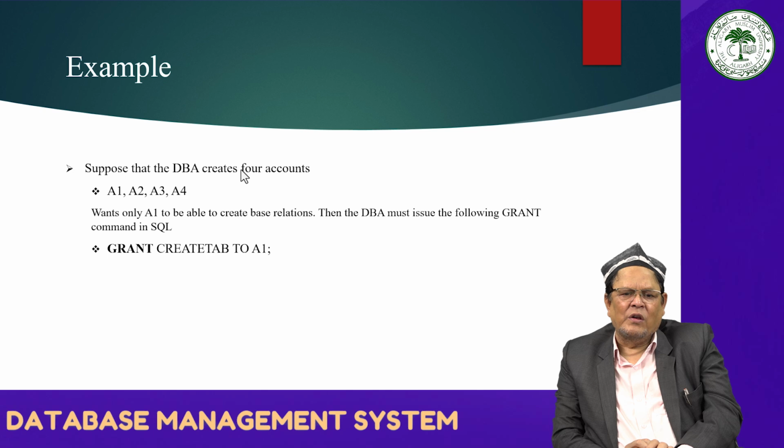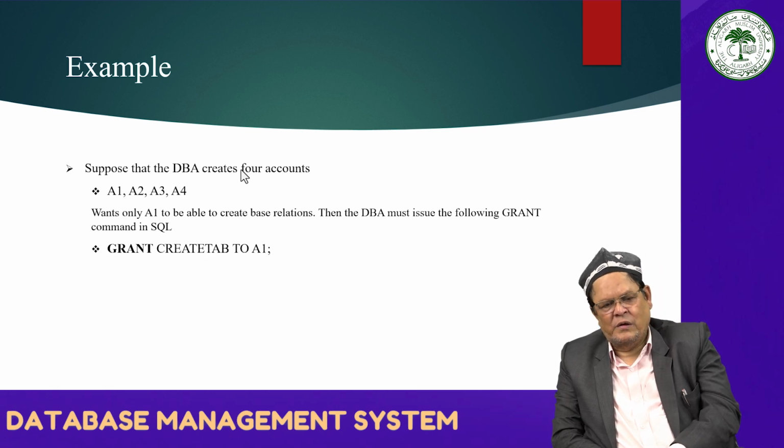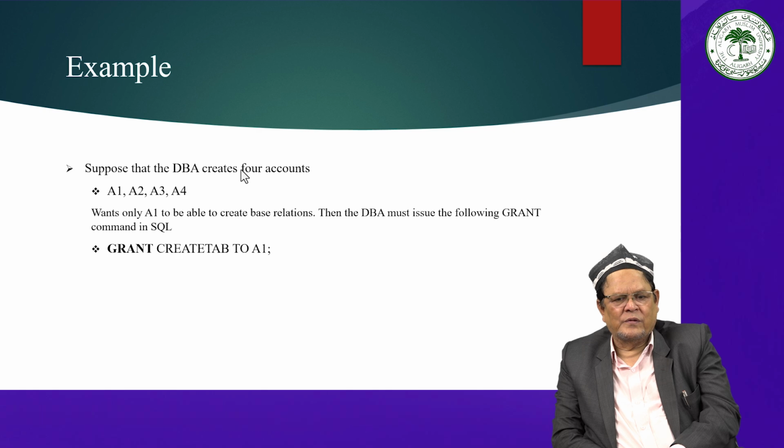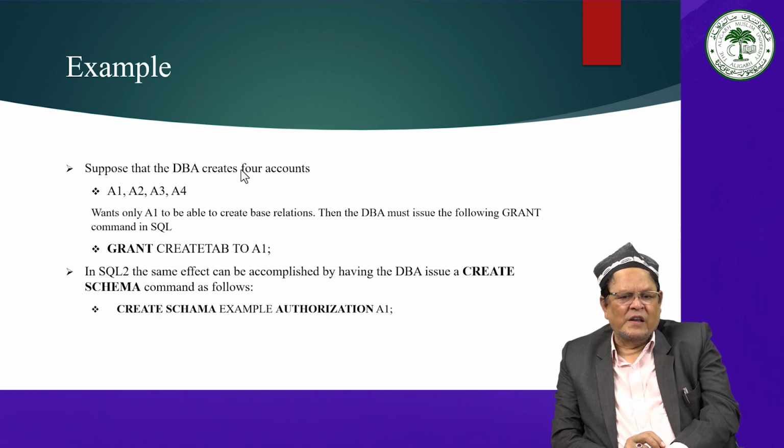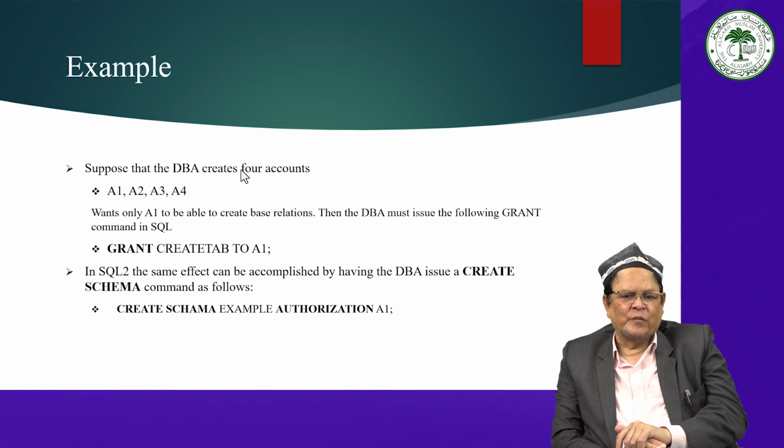It means only A1 can create. If you want to give the privilege to A2, you have to write grant create to A2 also. In SQL, some effects can be accomplished by having the DBA issue a CREATE SCHEMA command also. CREATE SCHEMA EXAMPLE AUTHORIZATION A1.